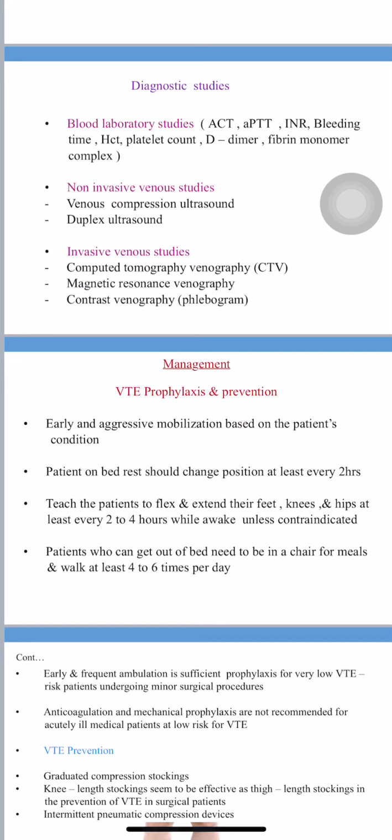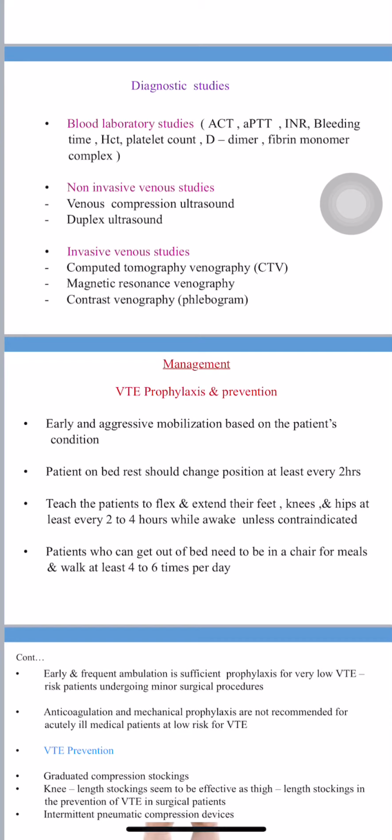Early and aggressive mobilization based on patient condition is the easiest and most cost effective method to decrease the venous thromboembolic risk. Next, a patient on bed rest should change position every 2 hours.